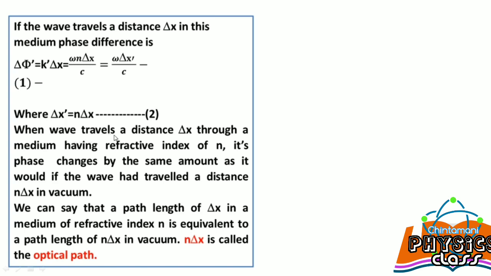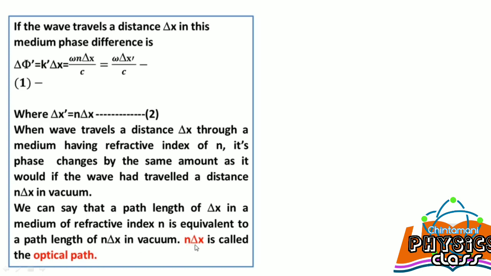When a wave travels a distance Δx through a medium having refractive index n, its phase changes by the same amount as it would if the wave had traveled a distance nΔx in vacuum. We can say that the path length of Δx in a medium of refractive index n is equivalent to the path length of nΔx in vacuum.